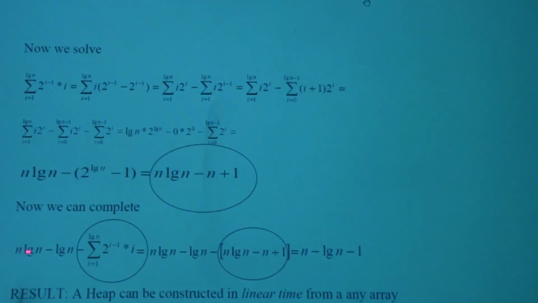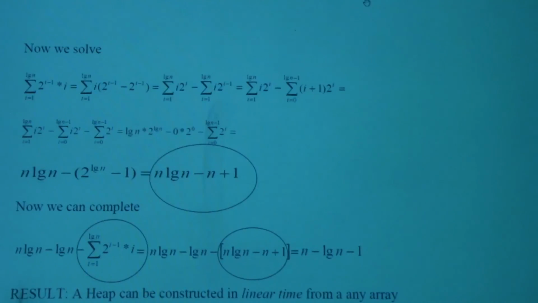Okay? It's going to be n lg n minus lg n, minus n lg n, minus n plus 1, which simplifies to n minus lg n minus 1.